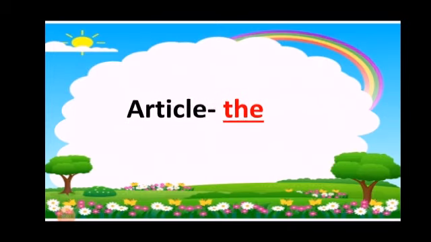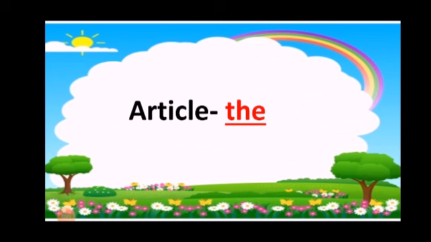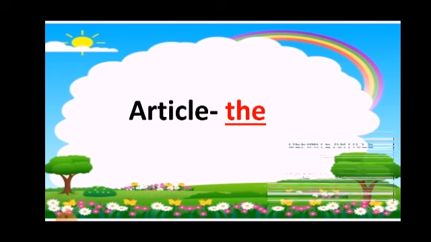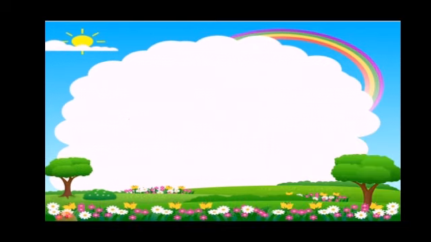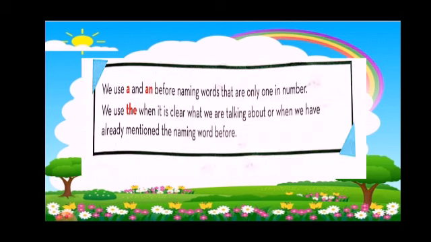Now students, let's learn about article the. Article the is definite article. It shows unique or specific thing. In our textbook, one rule is given. We use article the when it is clear what we are talking about or when we have already mentioned the naming word before.